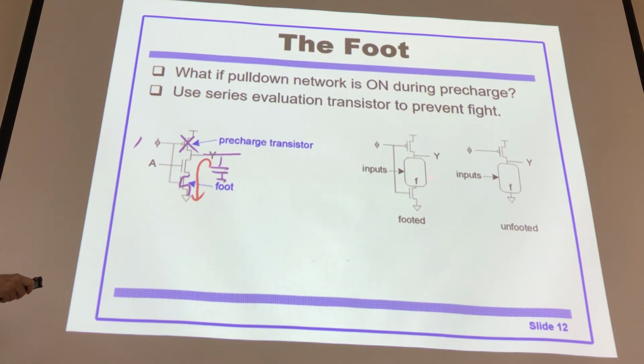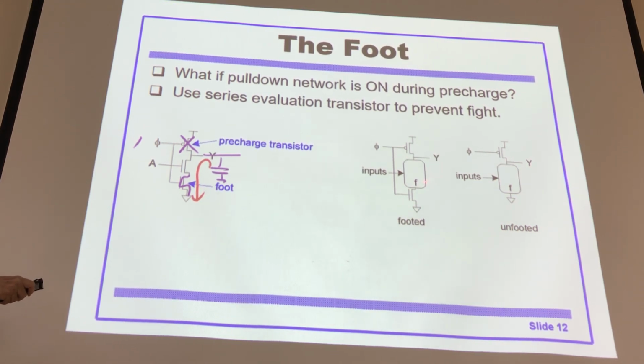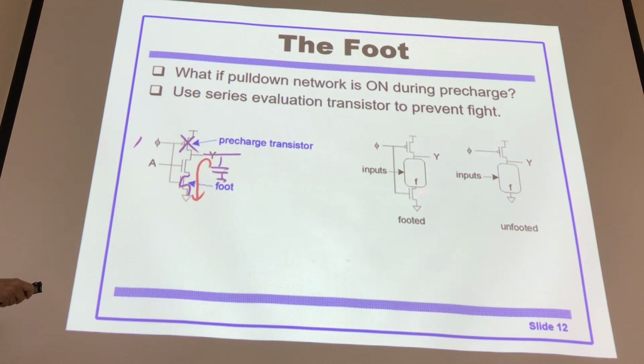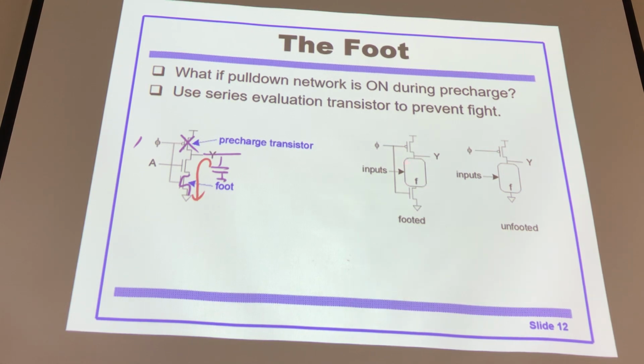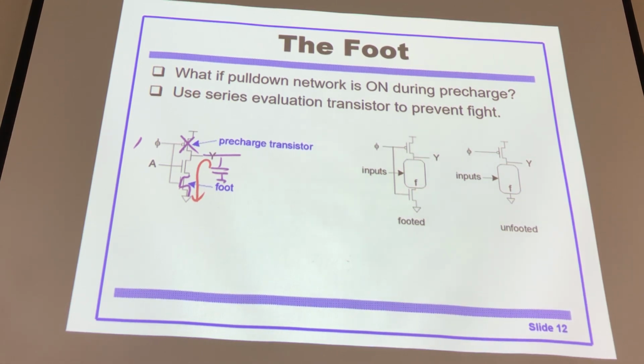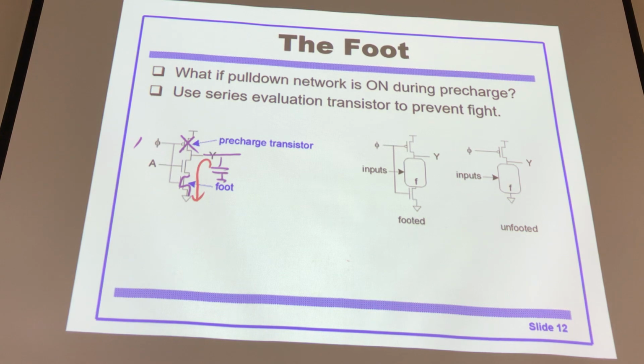So depending on your pull-down network, the current will go through if this network is on. So you can take away the charge on the capacitor depending on your input. If the input makes the pull-down network on, then the current discharges the capacitor. If the input makes the pull-down network off, then you can keep that charge on the capacitor still in the evaluate phase.